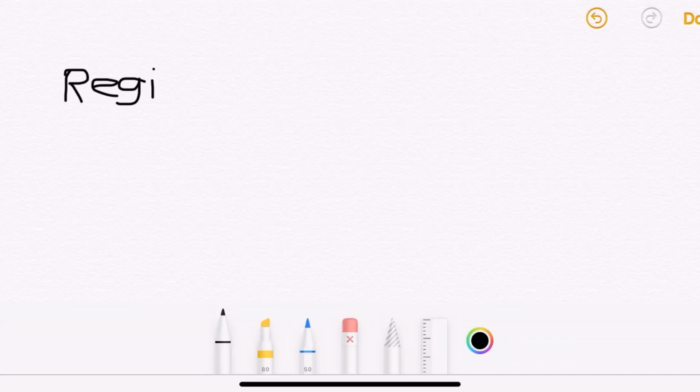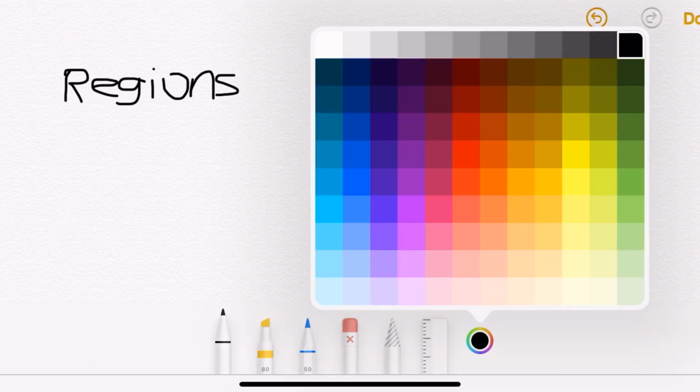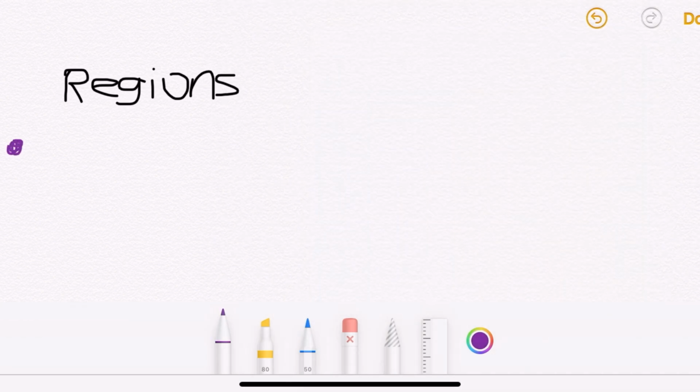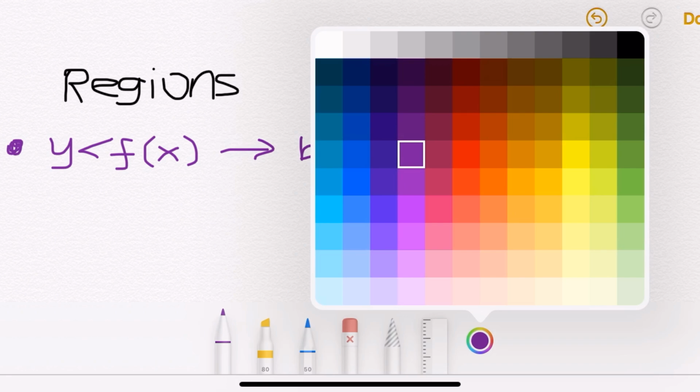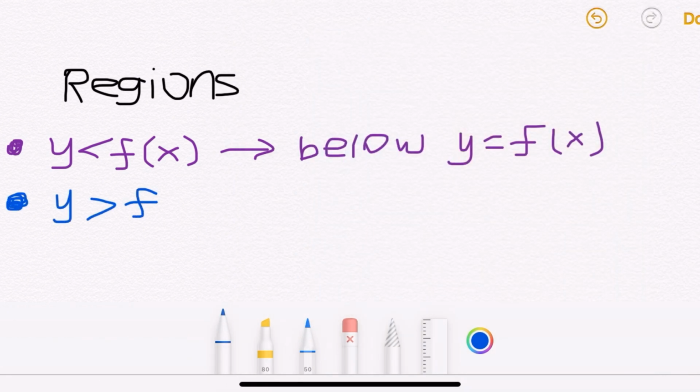The last thing that we're going to look at in this chapter is regions. So there are some things that you need to know before we look at any examples, which is if y is smaller than f of x, then it represents the points on the coordinate grid below the curve y equals f of x.